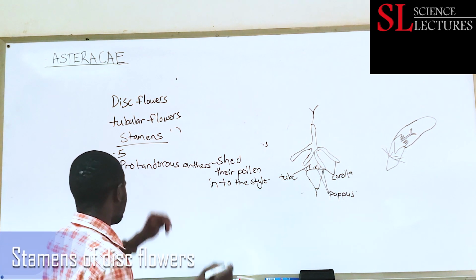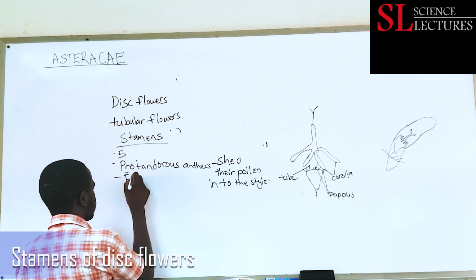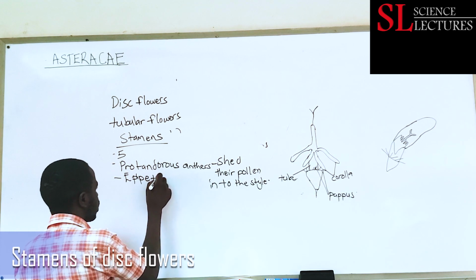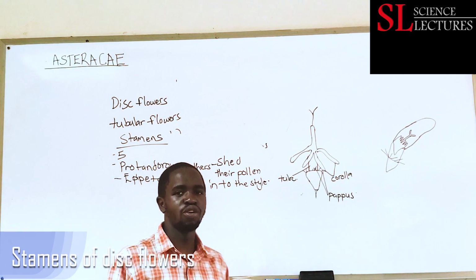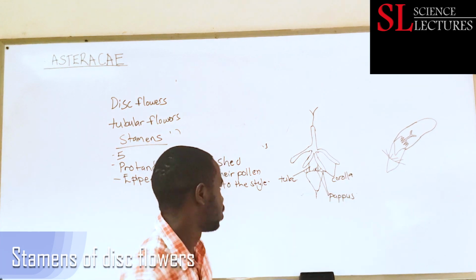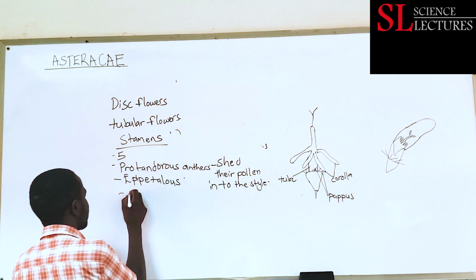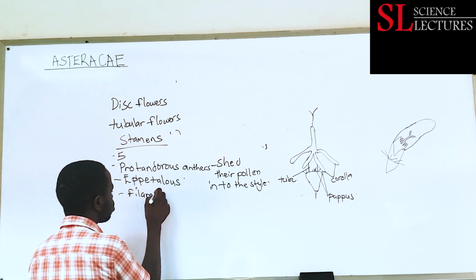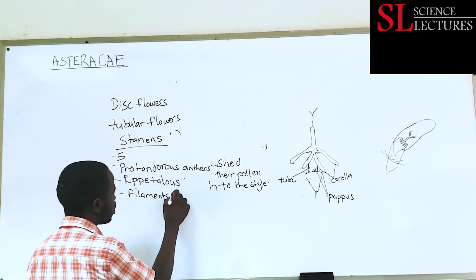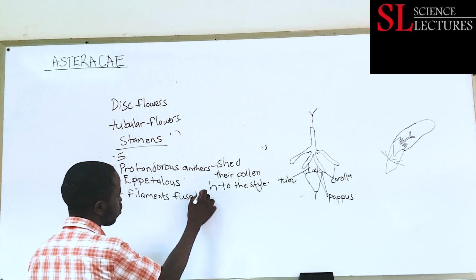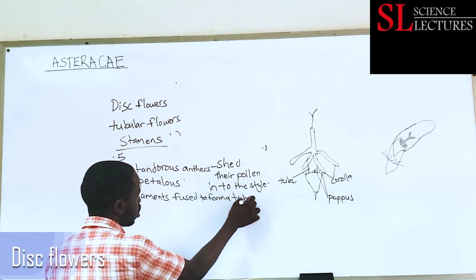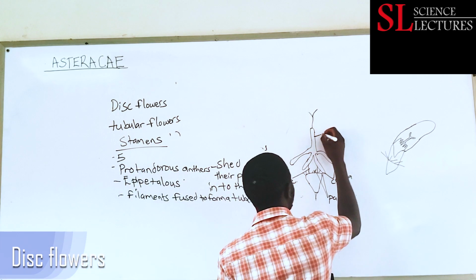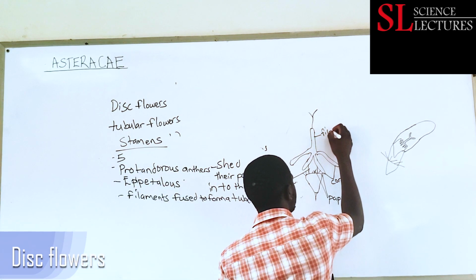So they are protandrous, then they are epipetalous. The stamens are epipetalous, and epipetalous means arising from the base of the petals. Then the filaments are also fused to form a tube. So what you see here is the filament tube.